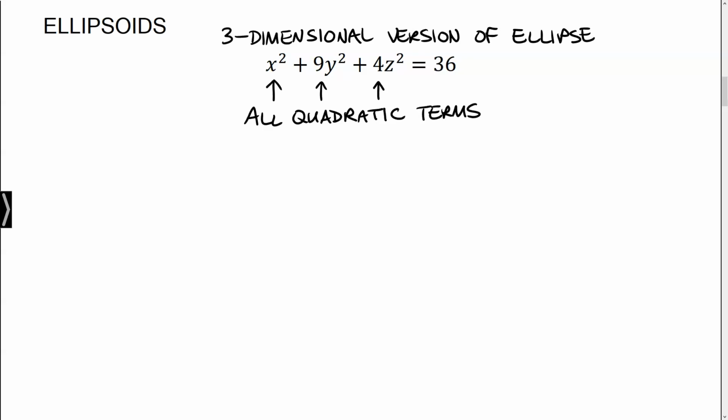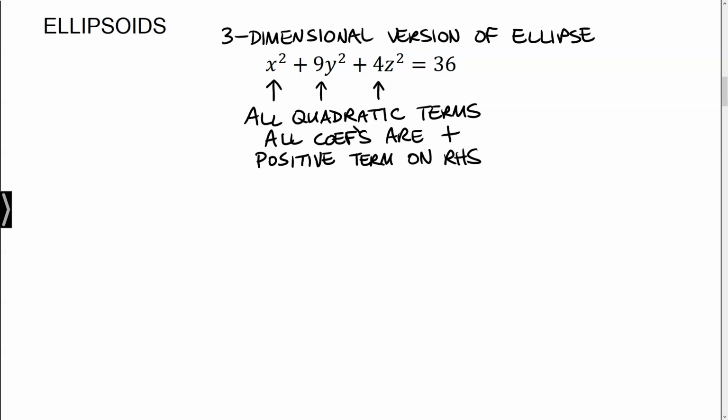And also, all the coefficients are positive. If you have any of these negative, that's when you get one of the other ones that we're going to talk about later. And also we have the positive term on the right-hand side. If we had a negative term on the right-hand side, this would be nothing because you'd have a sum of squares equaling a negative number, which is not going to happen.